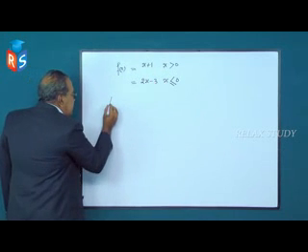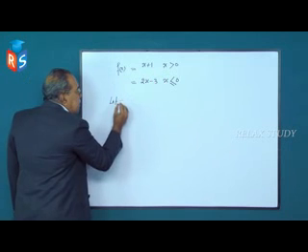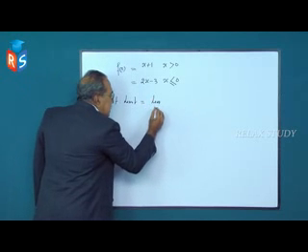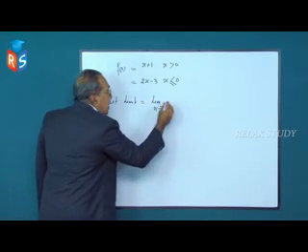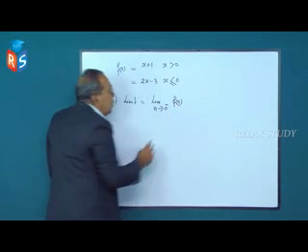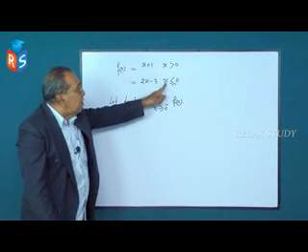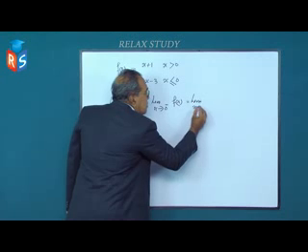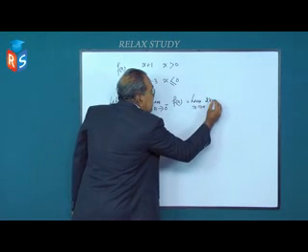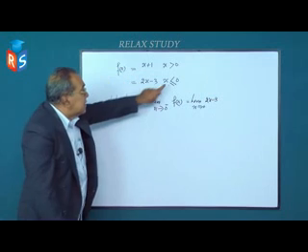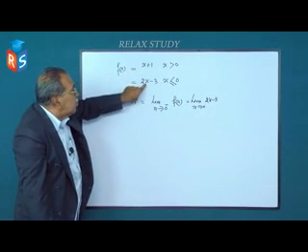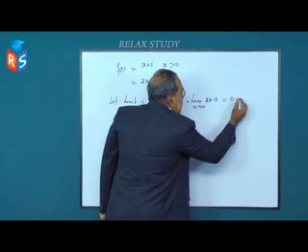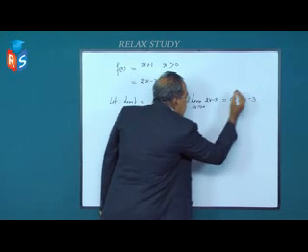Here, the left-hand side limit is equal to the limit as x tends to 0 minus of f(x). 0 minus means x less than 0, therefore it is equal to the limit as x tends to 0 of 2x minus 3. When x is less than 0, the value of the function is 2x minus 3, which is equal to 0 minus 3 is equal to minus 3.